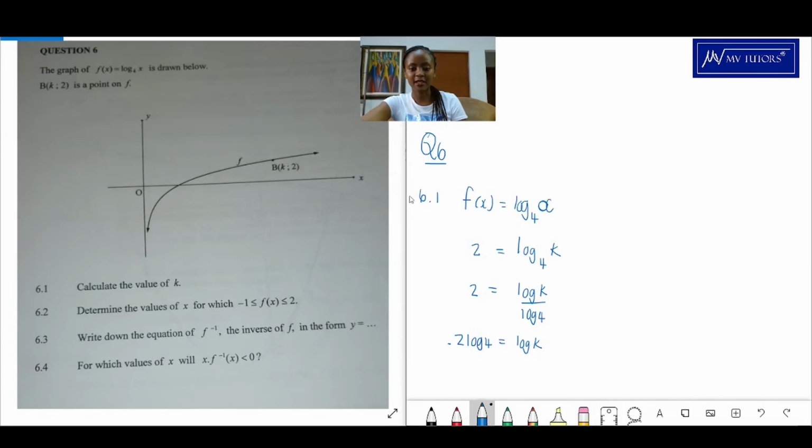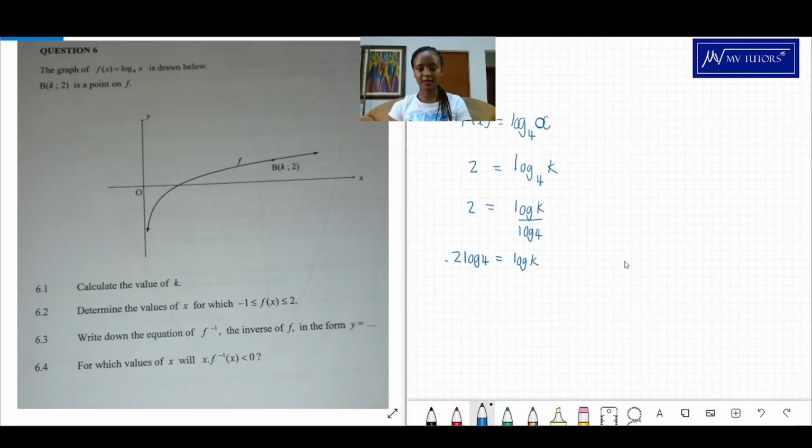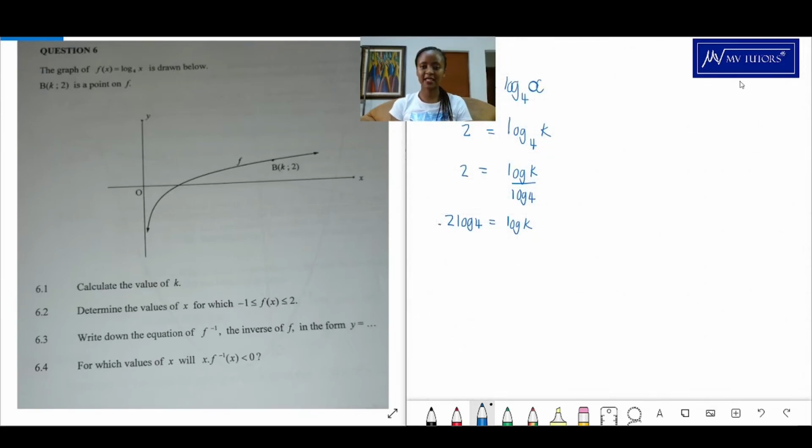So I will then have 10 to the power 2 log 4. Remember, 4 is no longer a base now, everything is just on a straight line. It's equal to 10 to the power log k.